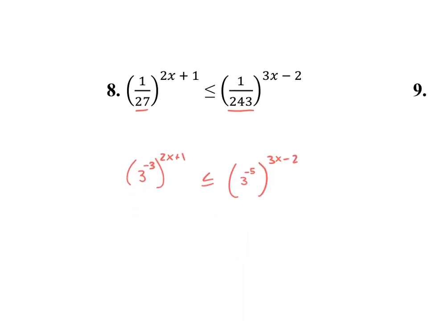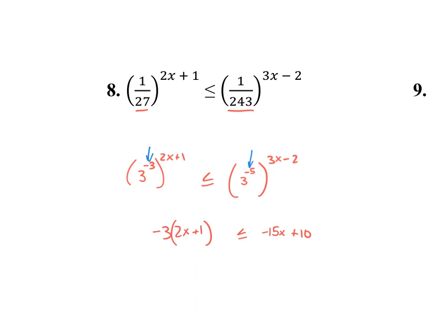But once we have that, I would now just set up my inequality and my exponents. Now you might be wondering, Mr. Cottle, do we need to flip the inequality? We just multiplied by a negative number right here, and also by a negative number here.